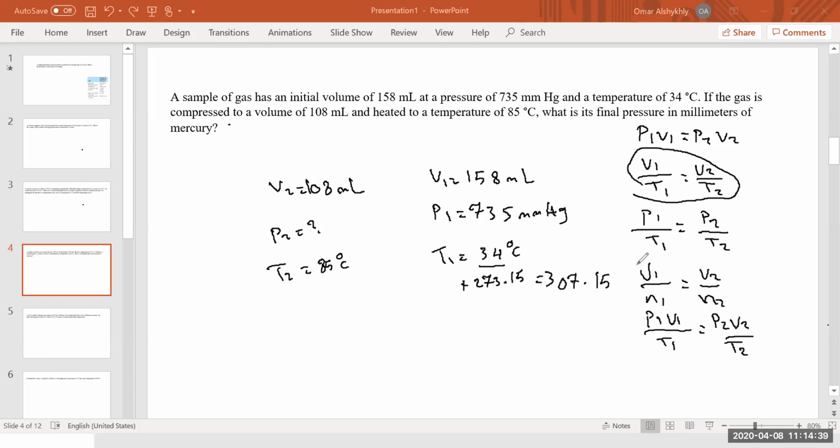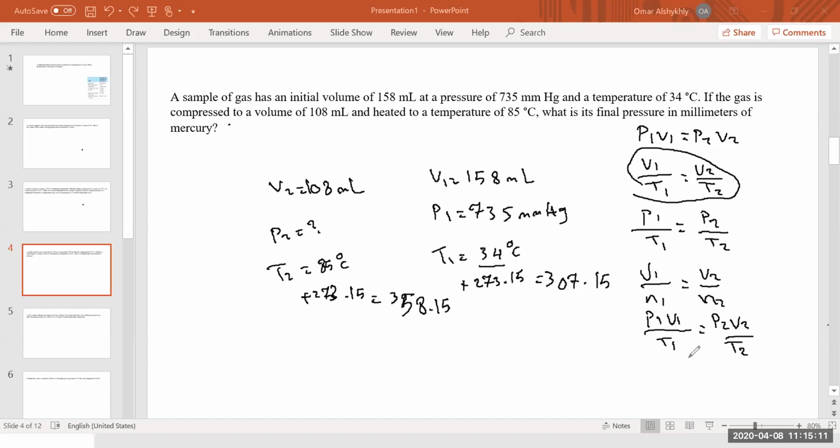Now let's do the same thing for 85 plus 273.15, and it will be 358.15.